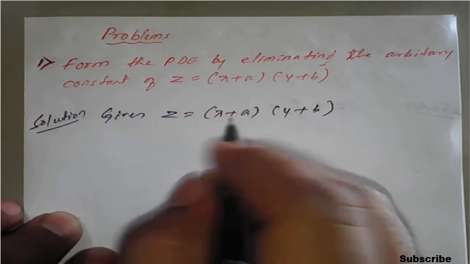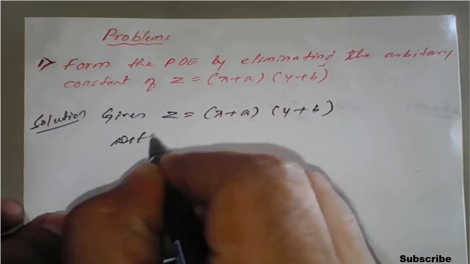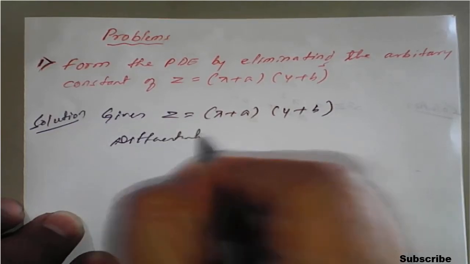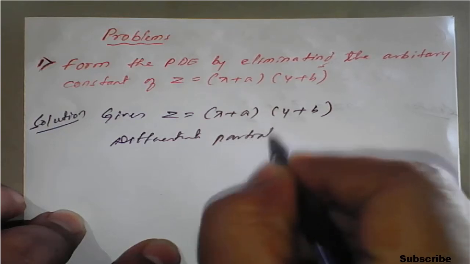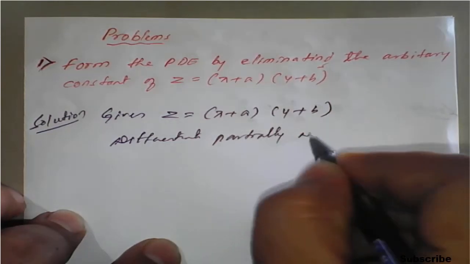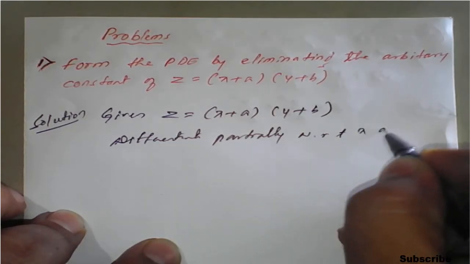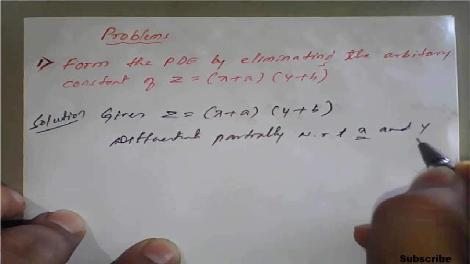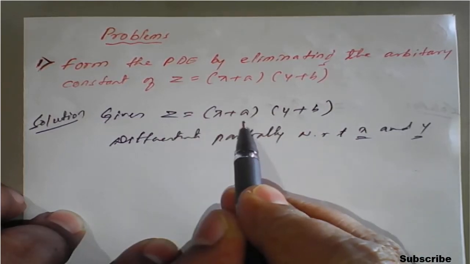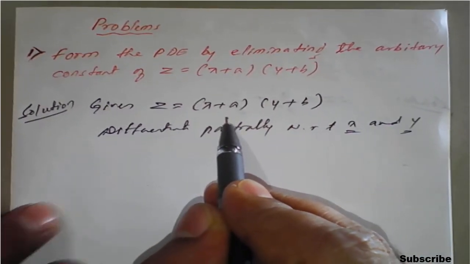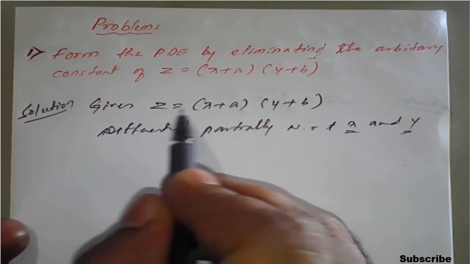So therefore differentiate partially with respect to x and y. This given equation we need to differentiate partially with respect to x first as well as y. So first we'll differentiate this partially with respect to x.